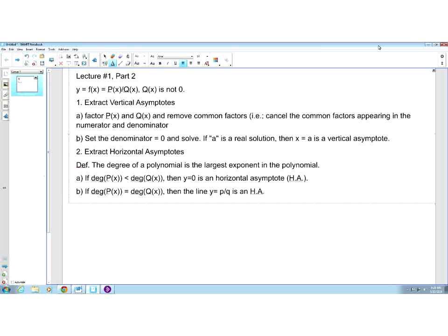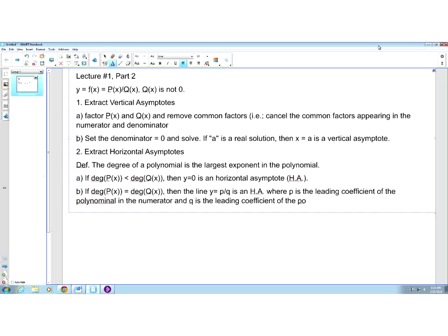And so let me tell you what P over Q is. P is the leading coefficient of the polynomial in the numerator, and Q is the leading coefficient of the polynomial in the denominator.